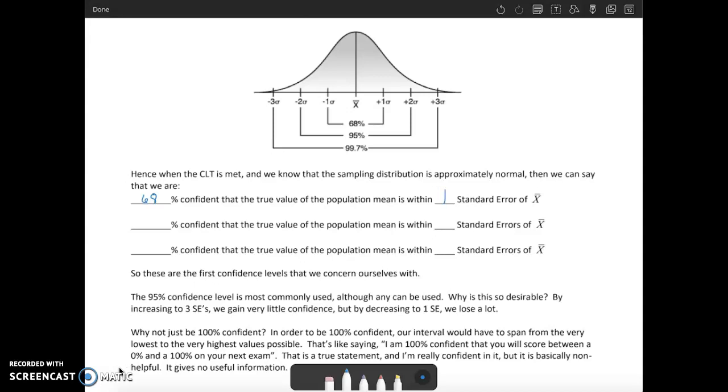So we can say we are 68% confident that the true value of the population mean is within one standard error of X bar. We are 95% confident that the true value of the population mean is within two standard errors of X bar. And we are 99.7% confident that the true value of the population mean is within three standard errors of X bar. So these are the first confidence levels that we concern ourselves with, the ones from the empirical rule.